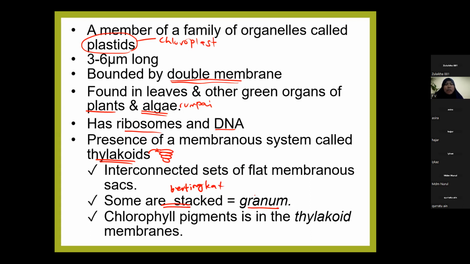Okay, so chlorophyll pigment is in the thylakoid membrane. Chlorophyll pigment ialah pigment yang memberikan warna hijau salah satunya kepada tumbuhan. Okay, inilah chlorophyll pigment, pigment yang memberi warna kepada tumbuhan. Okay, right. Warna apa? Hijau, macam kuning-kuning sikit tu. So that is chlorophyll pigment. Okay.